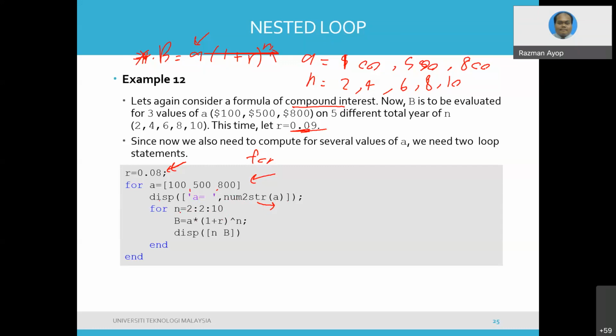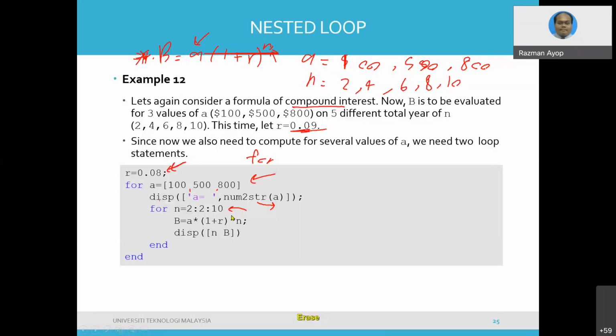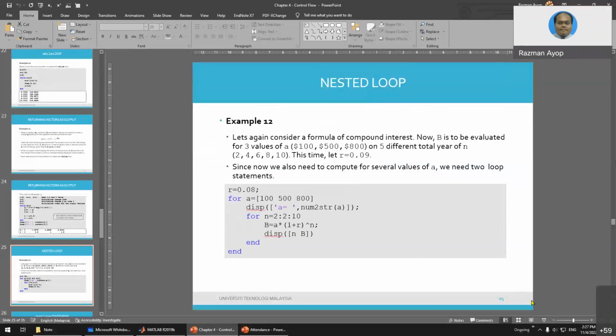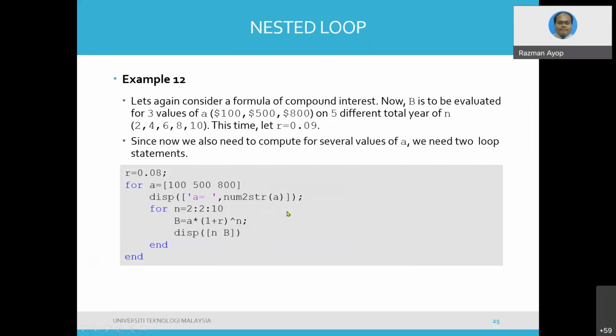So B, of course, you have to list down the values. You can see here, it is from 2 to 10, and the step is 2.